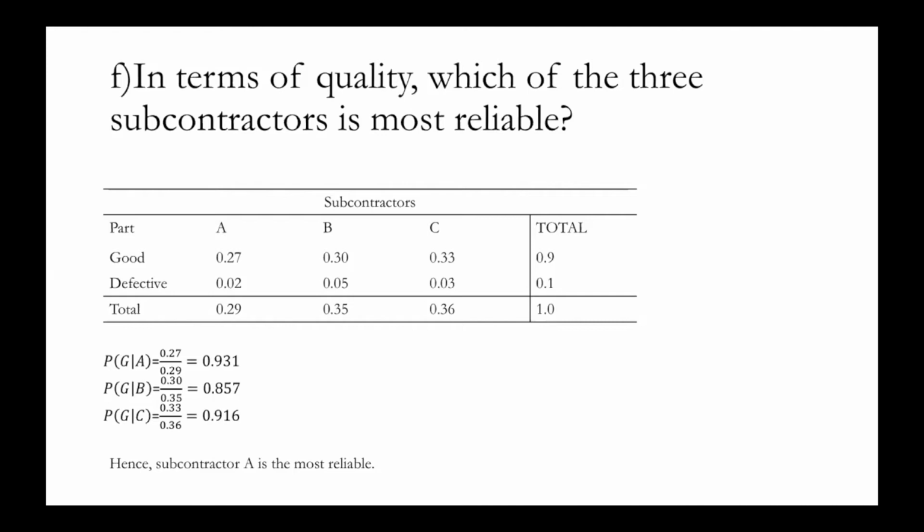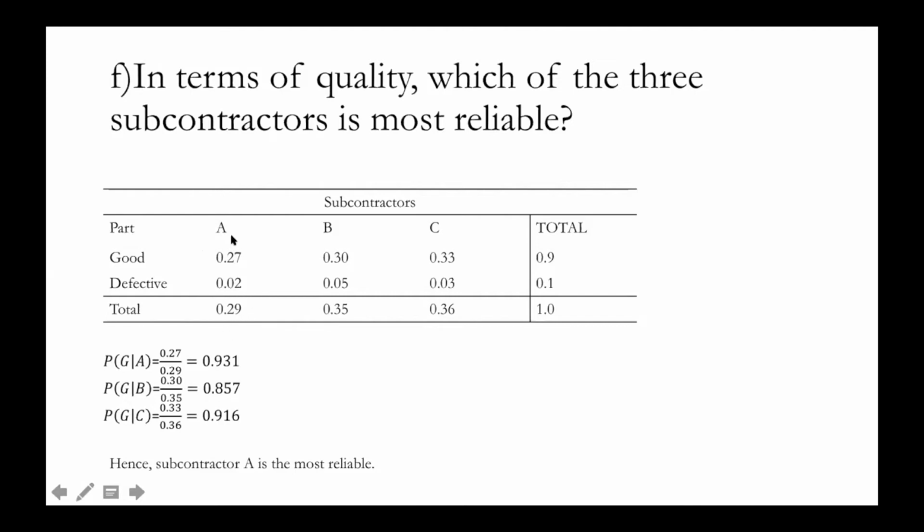So then you follow exactly the same procedure. You take the probability that the product is good, and divided by the probability that it's from a specific subcontractor.